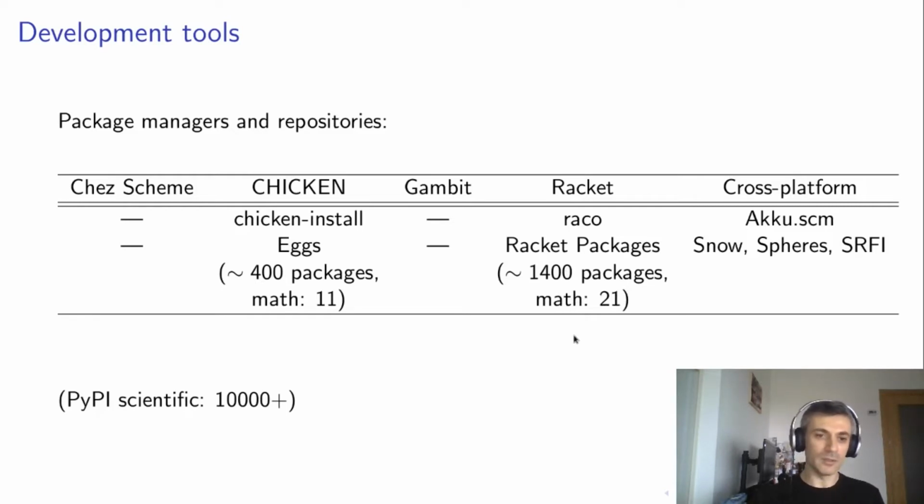As a comparison, the Python package index currently lists more than 10,000 packages labeled as scientific. So here we're talking about a difference of three orders of magnitude, and the lack of basic scientific libraries implementing fundamental numerical algorithms is, I think, the main issue that the impatient schemer is going to face.